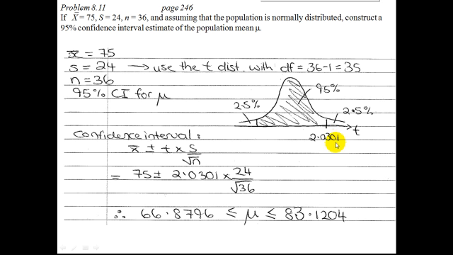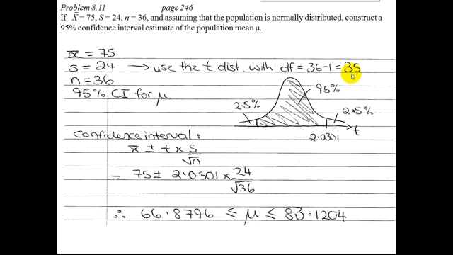Now remember, with a t distribution, we need to know the degrees of freedom. Degrees of freedom, when we're looking at confidence intervals for the mean, where sigma is unknown, degrees of freedom for the t distribution will be n minus 1. Our sample size is 36. 36 minus 1 gives us 35 degrees of freedom. So that's important, because when you go to your t tables, you will need to go to the 35th row.